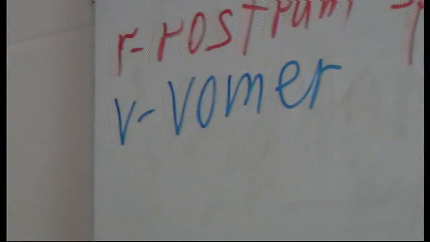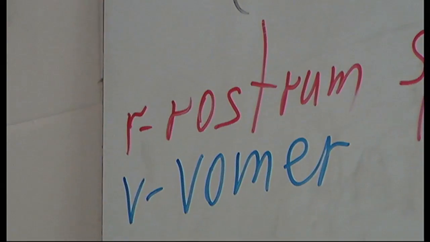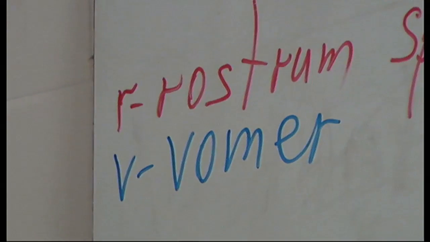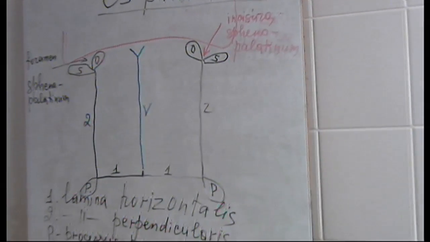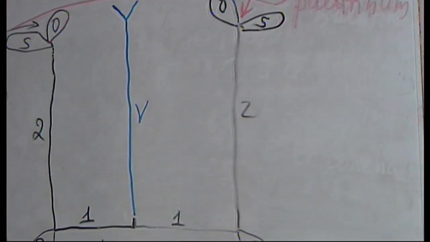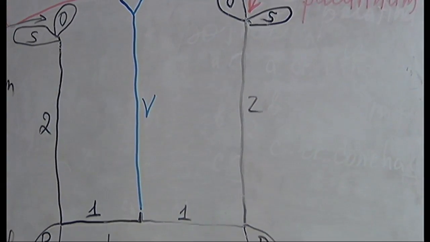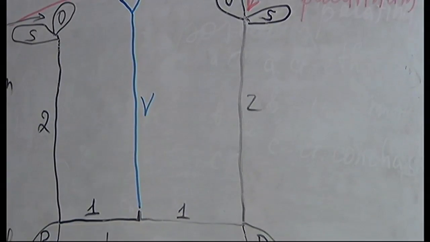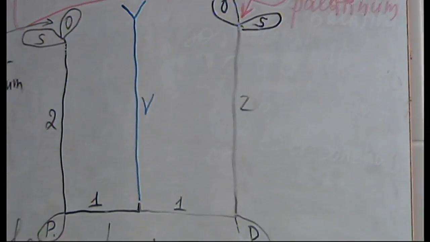It's vomer. Small but very important bone of the nasal cavity, which forms the middle wall of the nasal cavity.